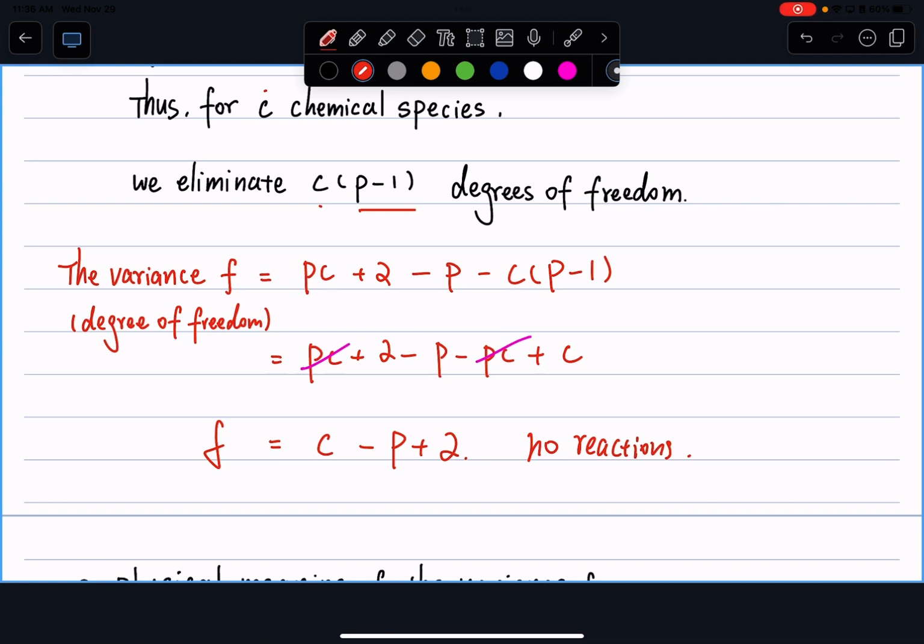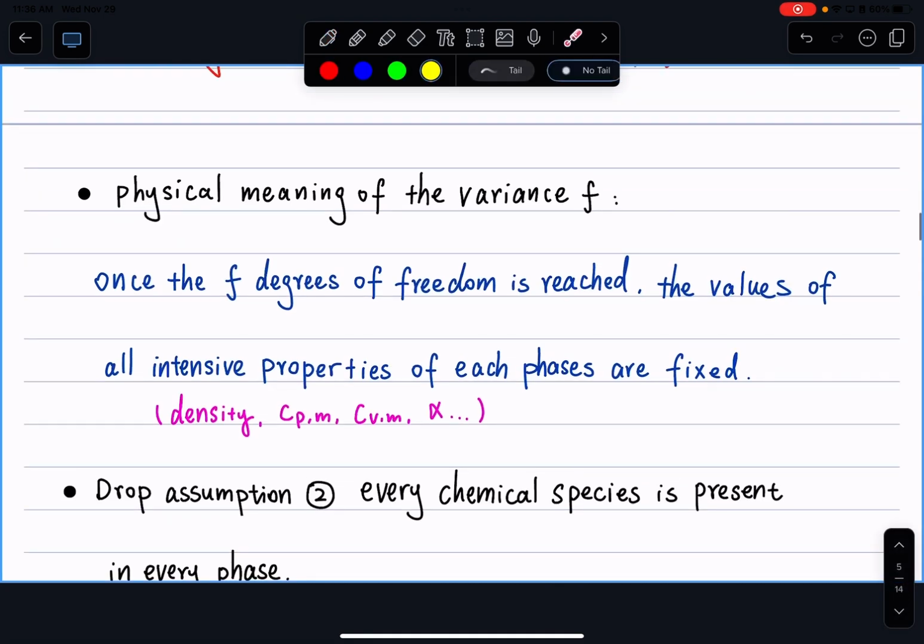So this is the generalized phase rule under our two assumptions. What does this phase rule mean? It tells you that once these F degrees of freedom are specified, the values of all other intensive properties of each phase will be fixed.